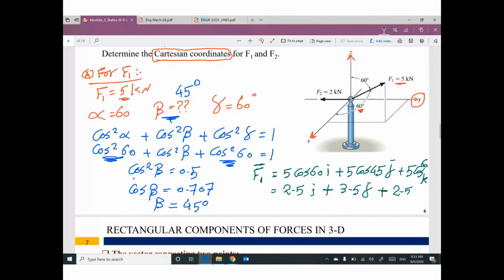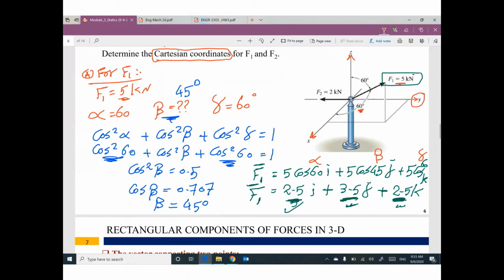So finally, for force F1, I break this force to 3 components. One in X, one in Y, and one in Z. This is a component in X-axis, component in Y-axis, component in Z-axis, using 3 angles, alpha, beta, gamma.